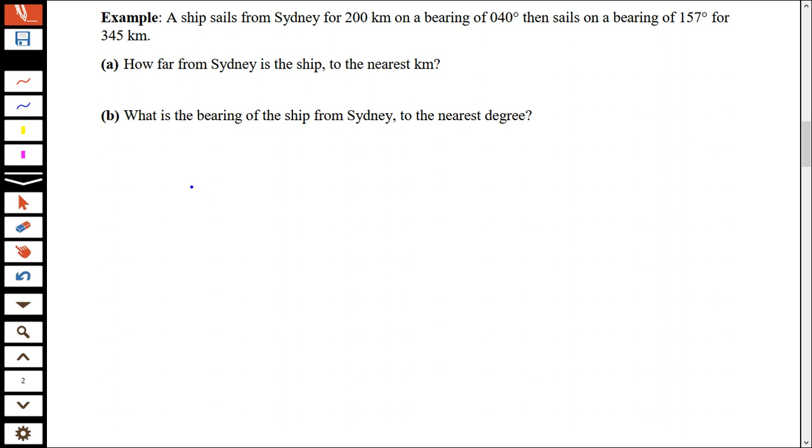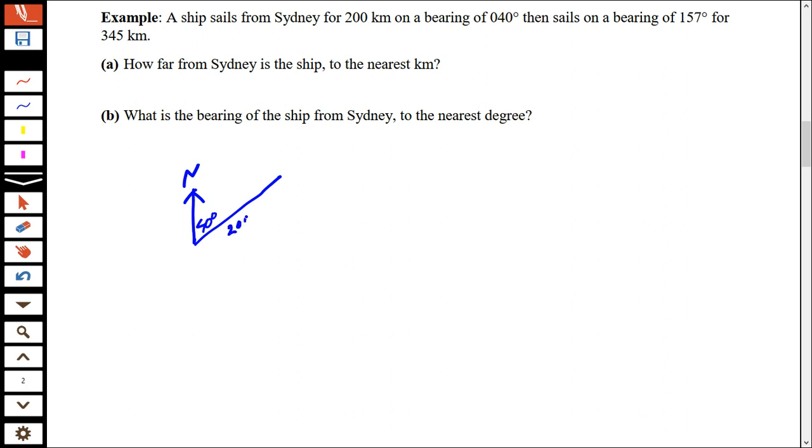If this is north, bearing 040 degrees would be out here somewhere. And let's call that 40 degrees.